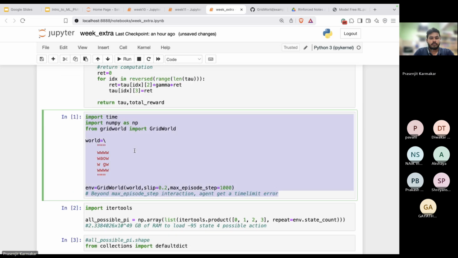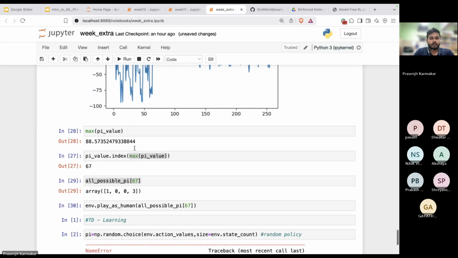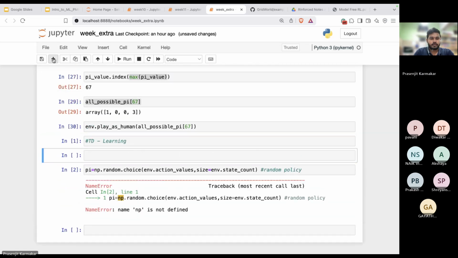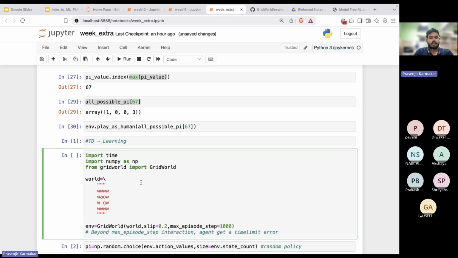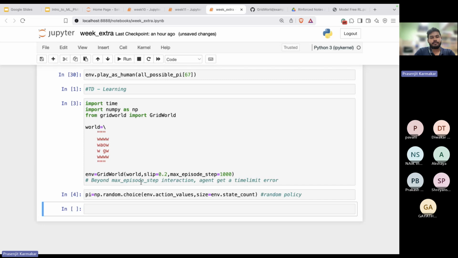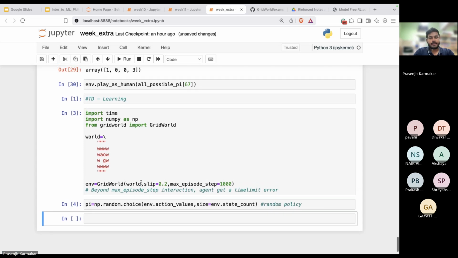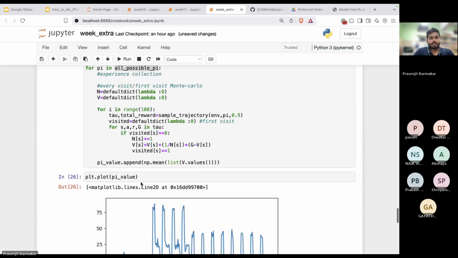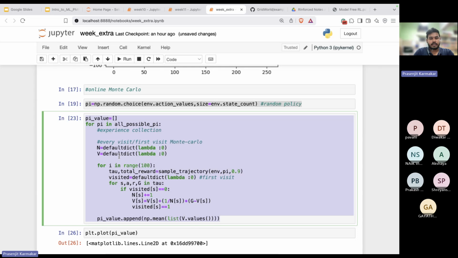This is the small environment, with the random policy I have. Now let's get this first.